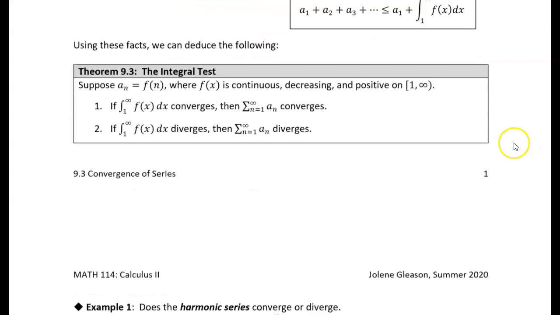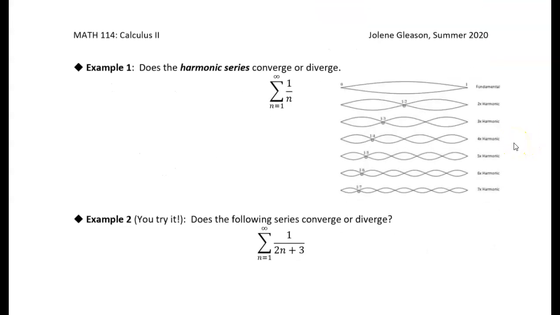So let's go to example 1 and apply this. Example 1 involves something called the harmonic series. The harmonic series is historically famously studied and it's called harmonic because it relates to the harmonics of plucking a string.